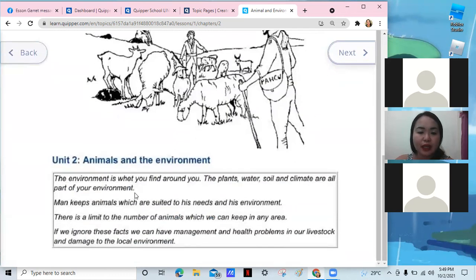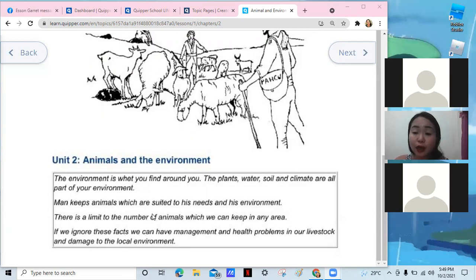So part of animal health care is, of course, the environment. Part of health and sanitation is also the environment. The plants, water, soil, and climate are all related and are needs of the animals also.